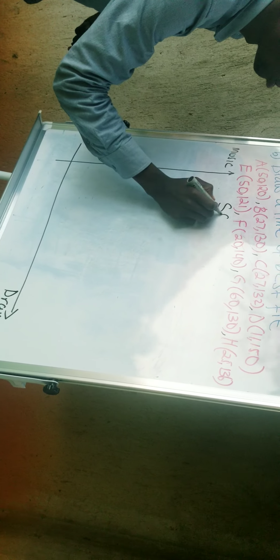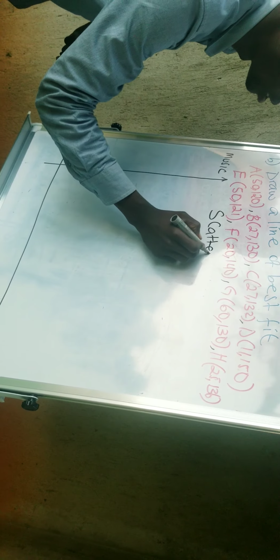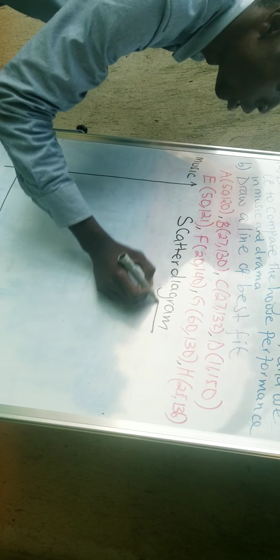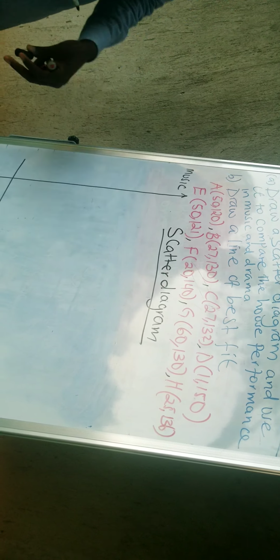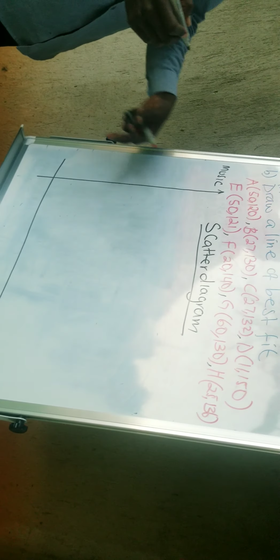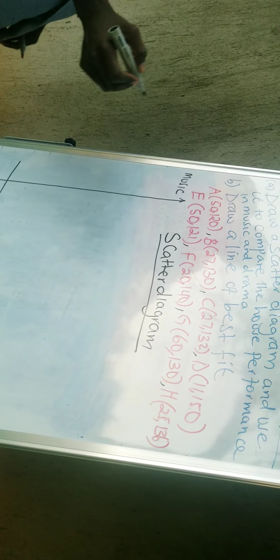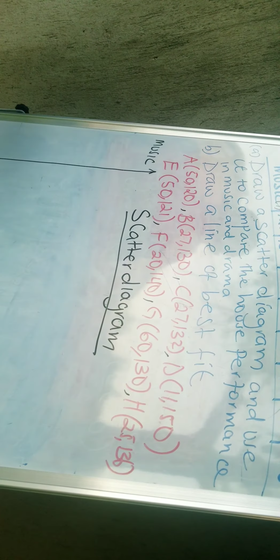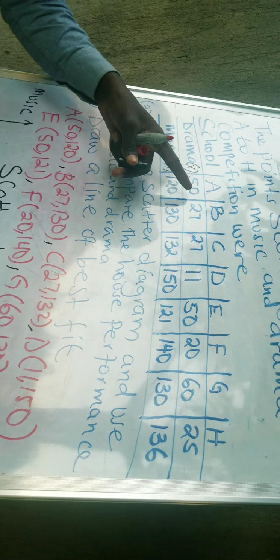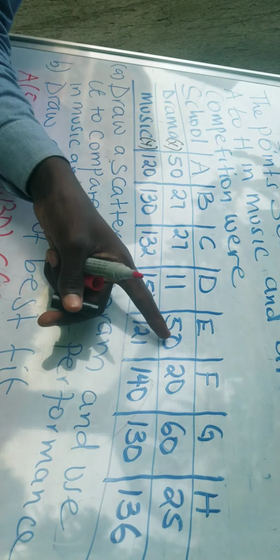My title is going to be a scatter diagram. Your graph must have the title, and then after the title, your graph should have well-labeled axes. Just as we always draw graphs, you choose any scale that you feel will fit the values you want. When I look at my x values, I have 50, 27, 27, 11, 50, 20, 60, 25.